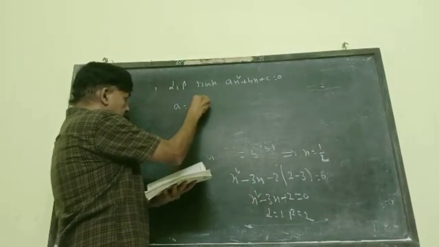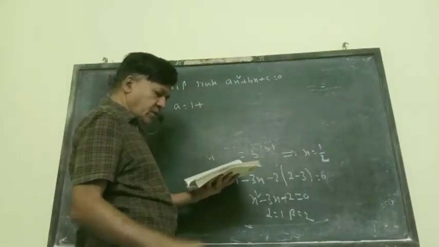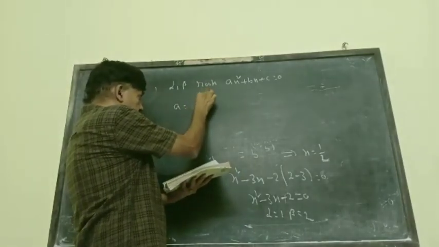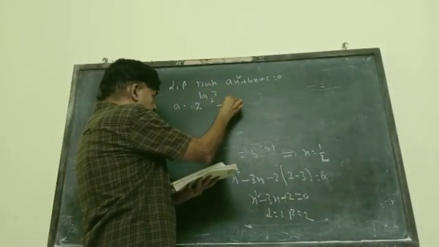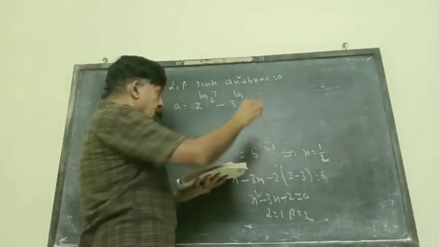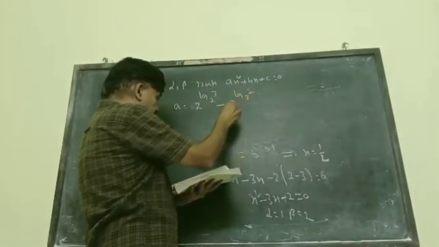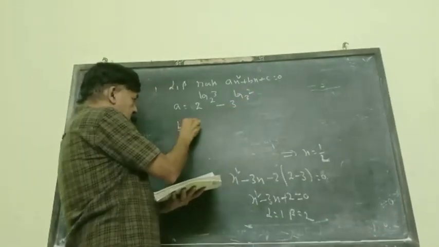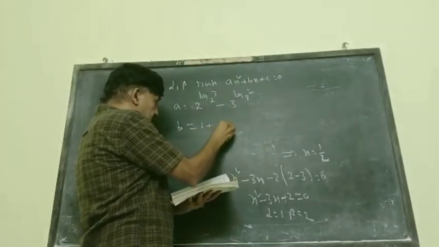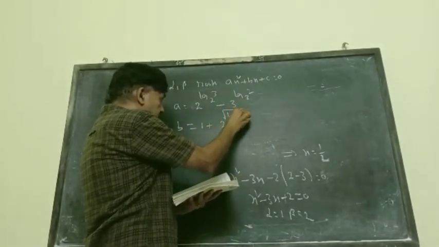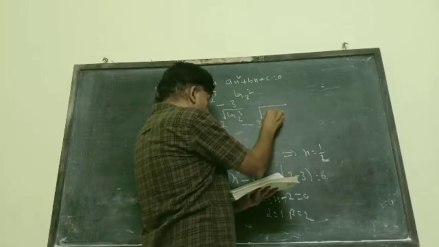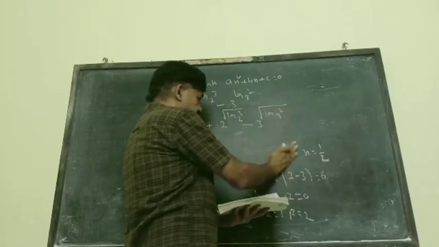A is equal to 1 plus 2 to the power of log 3 to base 2 minus 3 to the power of log 2 to base 3. B is equal to 1 plus 2 power square root of log 3 to base 2 minus 3 power square root of log 2 to base 3.